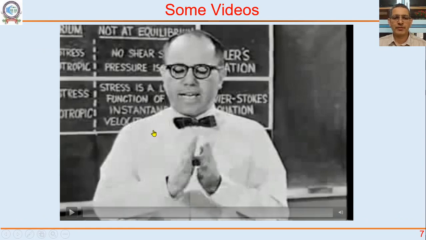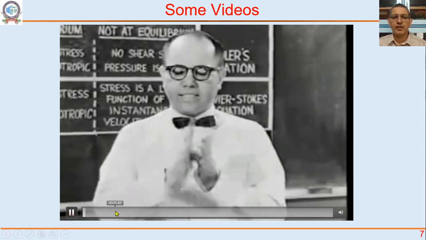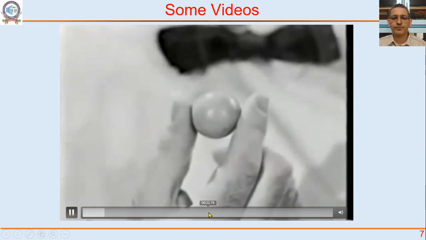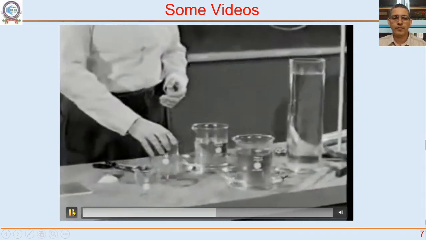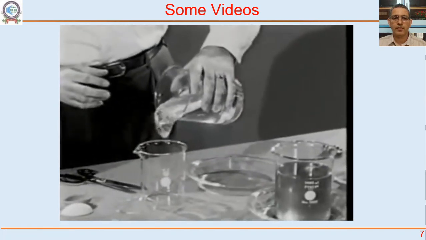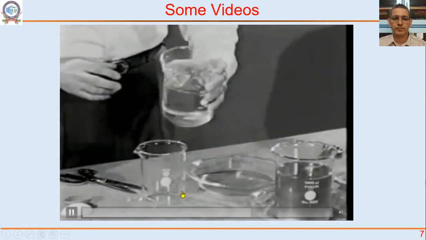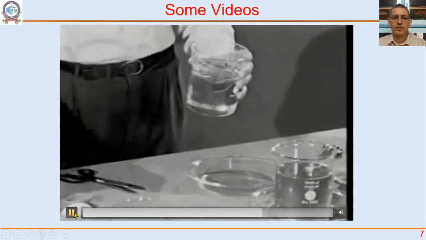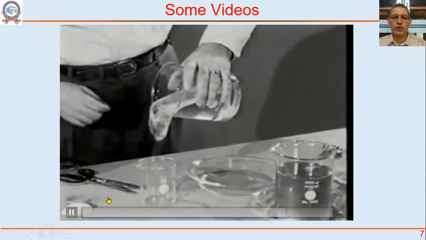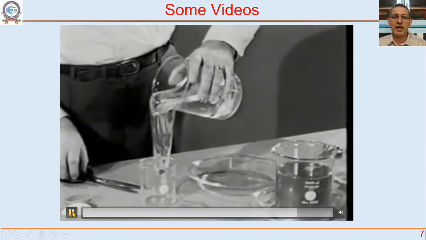See the fun part? He's trying to pour the liquid and is bringing it back. And now once it is being poured, I can even cut it to length.